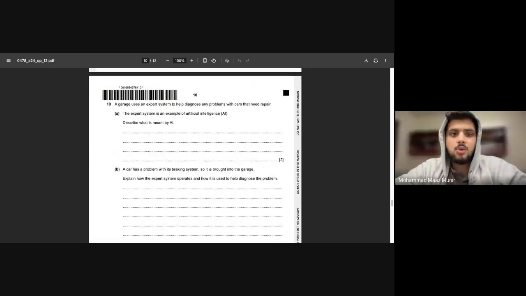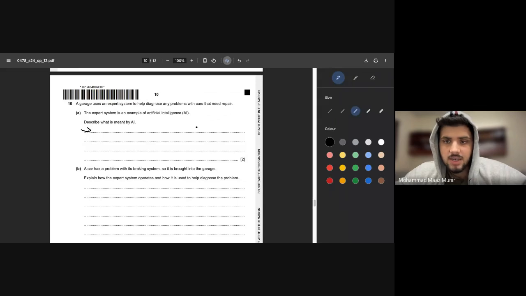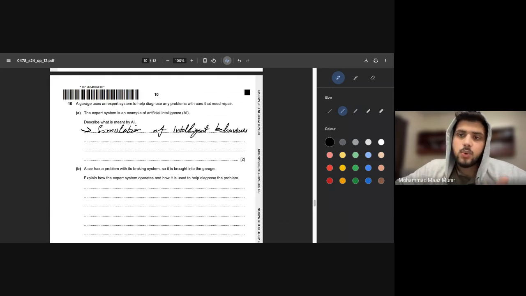So never mind. You need to first be in the A part. You need to talk about what is AI. So you just need to state 2 points up here. Firstly, AI is basically the simulation of intelligent behavior. So 1 point could be simulation of intelligent behaviors, and then the second point could be related to any of the other points which were being taught to you.